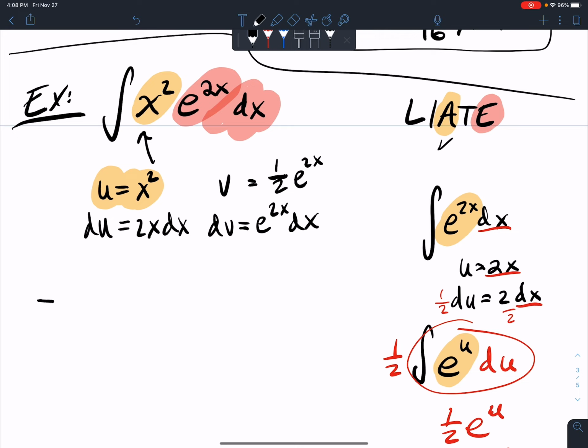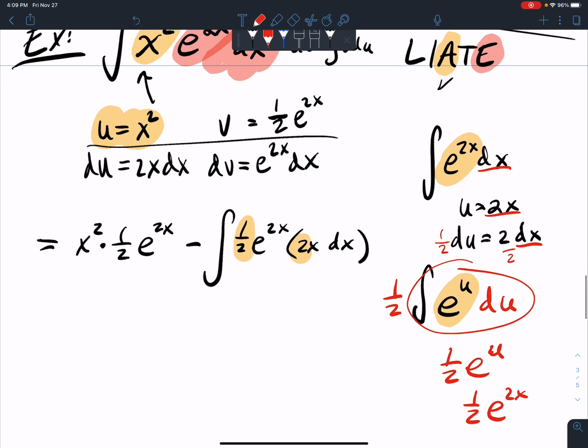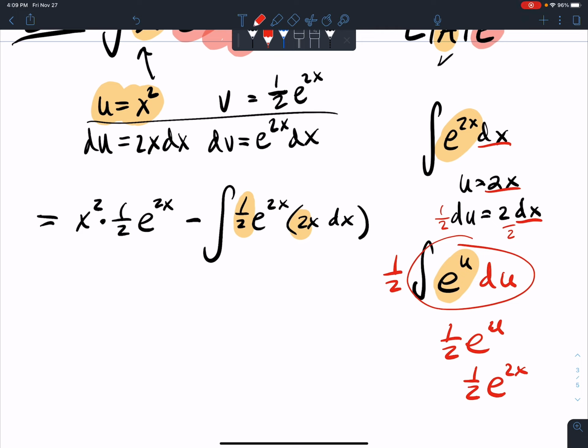Let's make our substitution. So remember, it's equal to uv minus integral v du. So uv is this first part here, so that's x squared times 1/2 e to the 2x minus v du. That's 1/2 e to the 2x, and then du is 2x dx. The good thing is this 1/2 and that 2 there are going to cancel, so that makes life a little bit better for us.